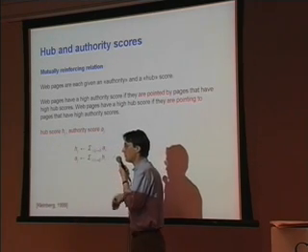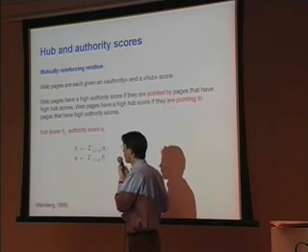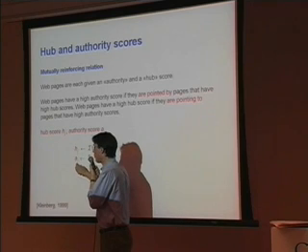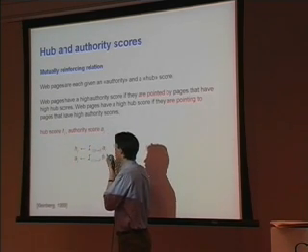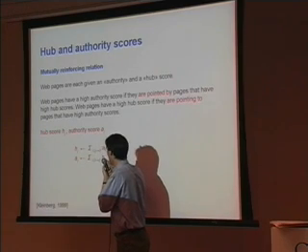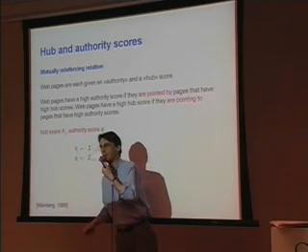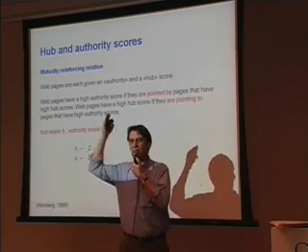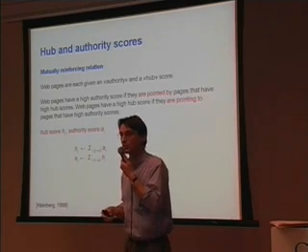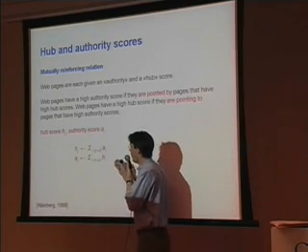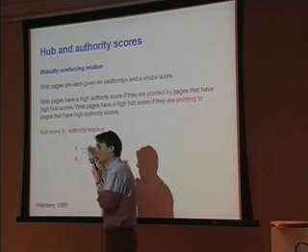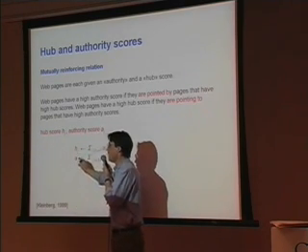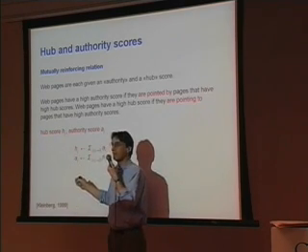And then the opposite for the authority score: the authority score of page J is the sum of the hub scores of the pages that are pointing to J. We start with an initial assignment and iterate. Of course, this will explode with time, because if we give an initial assignment of 1, this will just increase. But at every step, we rescale these two vectors.